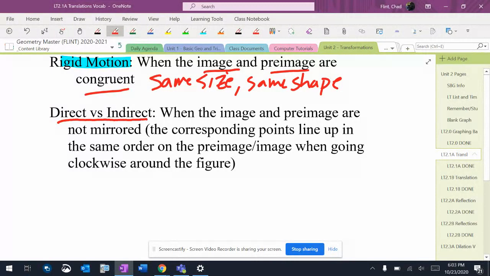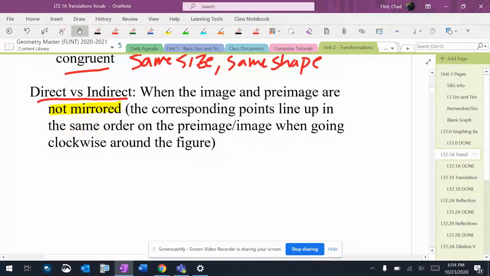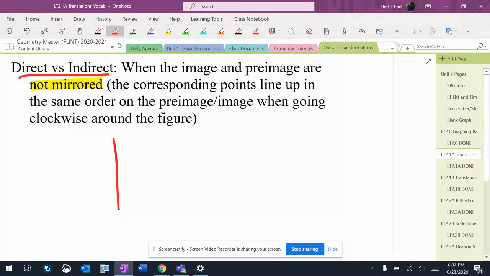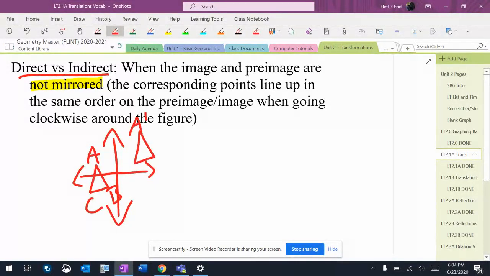Direct versus indirect. This is basically when it's just not mirrored, meaning that they line up with each other exactly. As a very rough example, if this is a graph, and I have a triangle over here called A, B, C, and it ended up over here for whatever reason, and it was A prime, B prime, C prime. We'll talk about those as we do some of these.